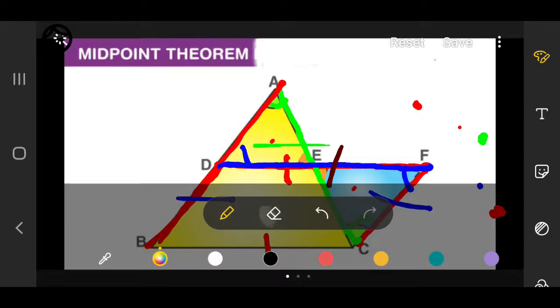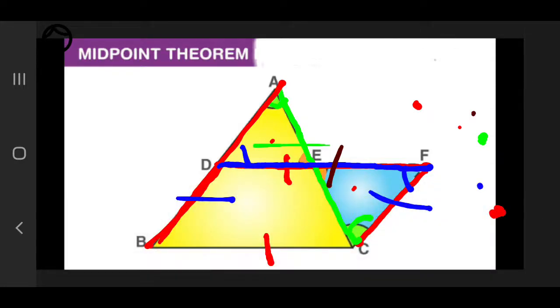Two pairs of parallel sides means DFCB is a parallelogram. DFCB parallelogram means DB is parallel to FC and DB equals FC.